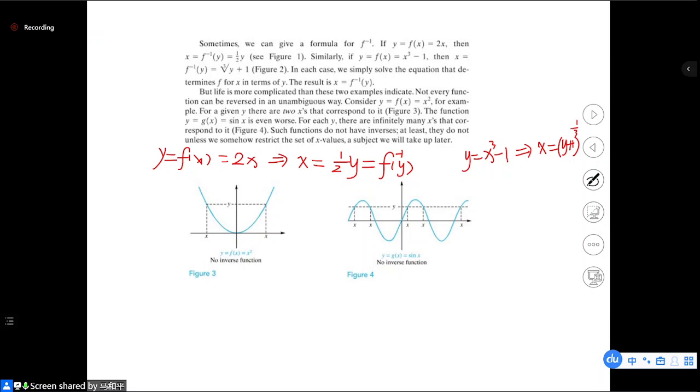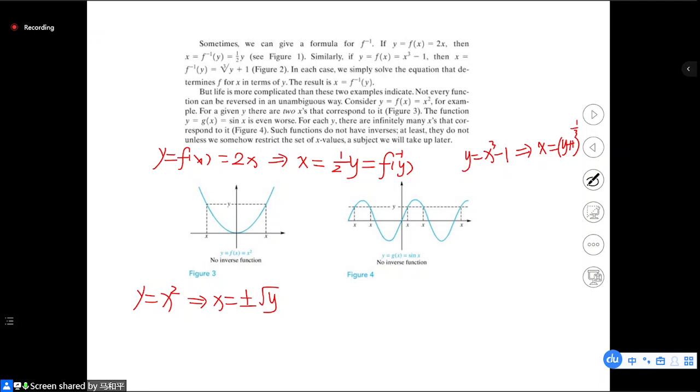But life is more complicated than these two examples indicate. Not every function can be reversed in an unambiguous way. Consider y is x squared. If we solve the equation that determines f for x in terms of y, we can find x is equal to negative or positive the square root of y, right?